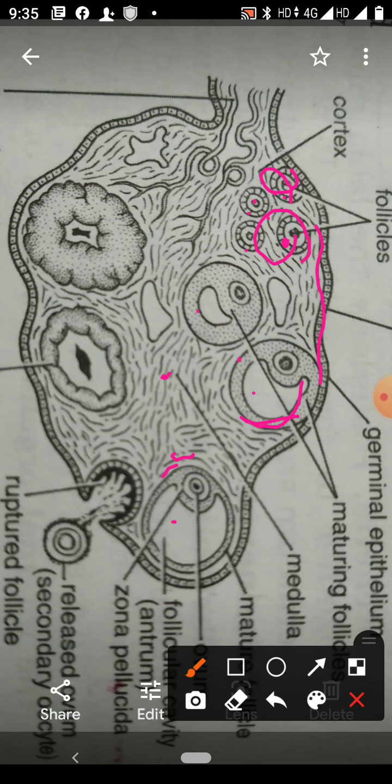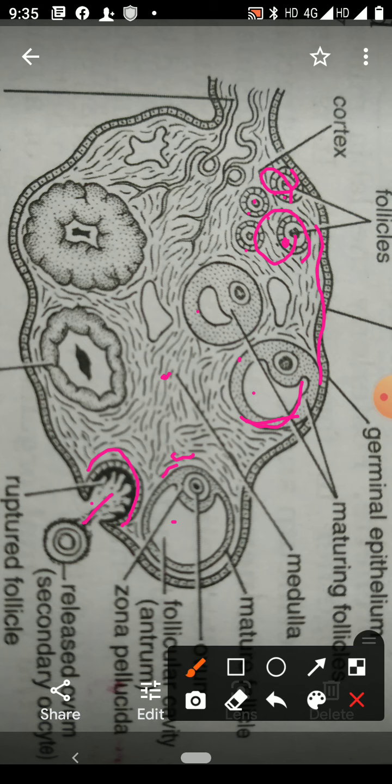This whole structure projects from the surface of the ovary because of the large size of the secondary oocyte. At that time, ovulation will occur and the ovum is released from the follicle. So this rupturing of the Graafian follicle and releasing of the ovum is called ovulation.